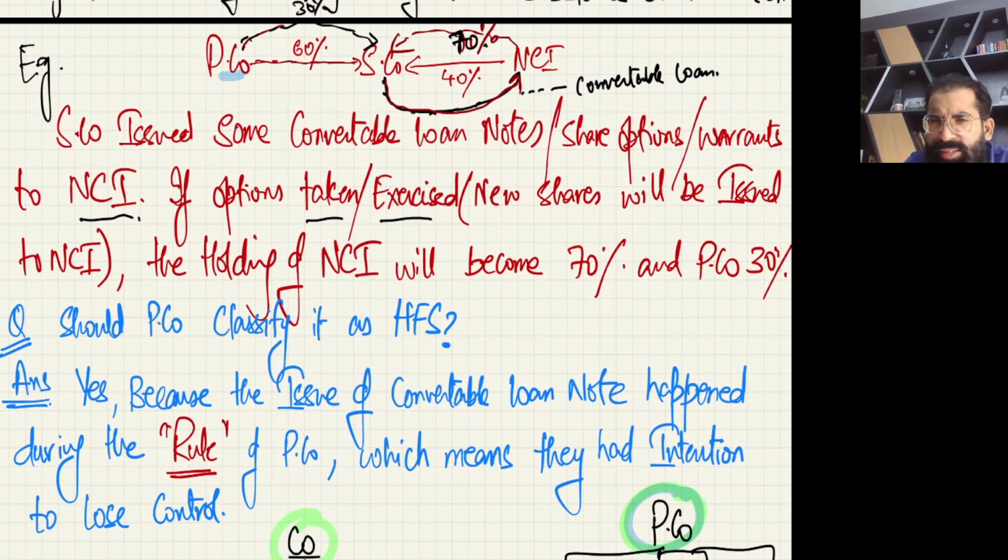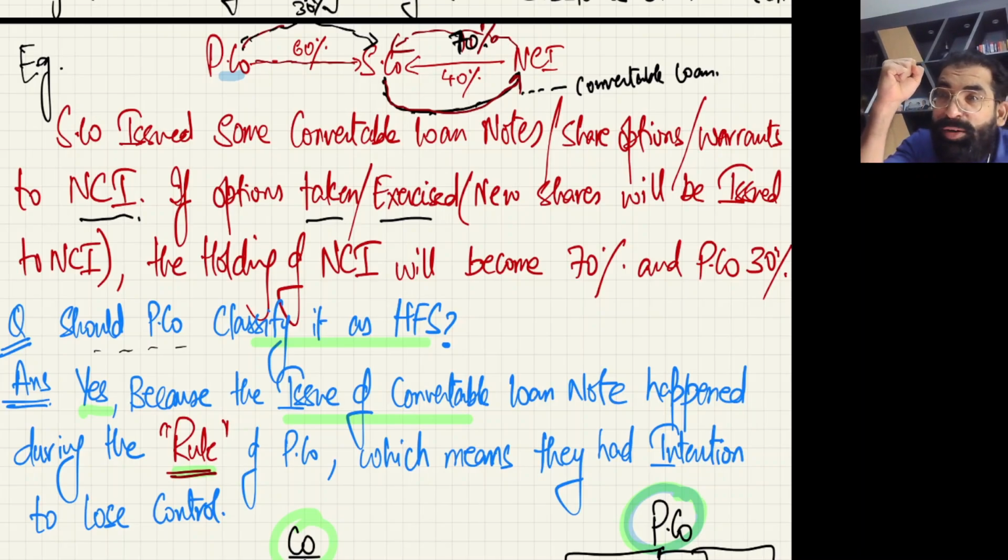See the red marker lines, the same thing which I explained. Now read the question. Should P company classify it as HFS? Yes, because the issue of convertible loan notes happened during the rule of P company. When these convertible loan notes were issued to NCI, P company was the powerful guy.